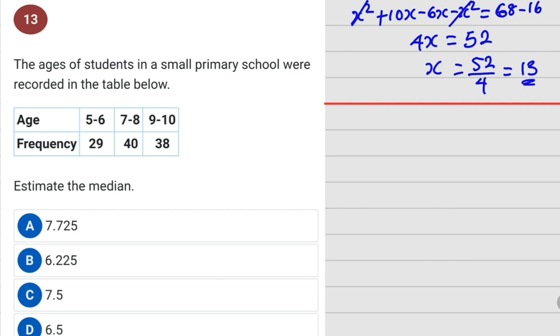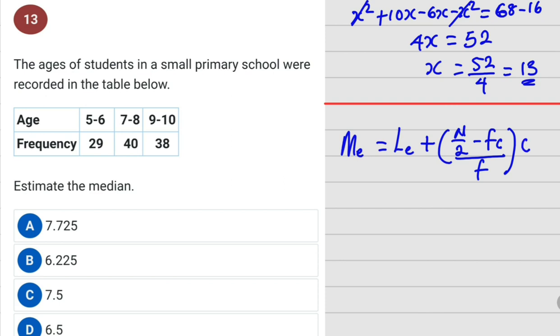Okay, number 13 is actually a statistics problem, in which we are asked to estimate the median. Now, the median, which is ME, has the formula: the lower class boundary of the median class, plus n over 2 minus FC, all over F, then times C. Now, I explain these letters.